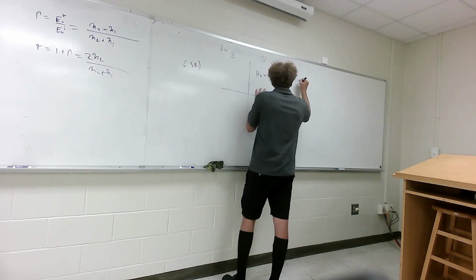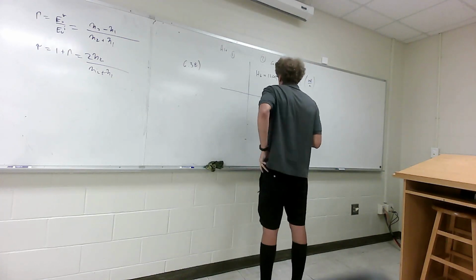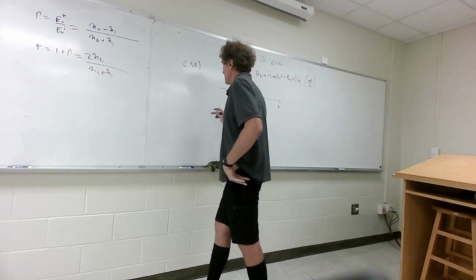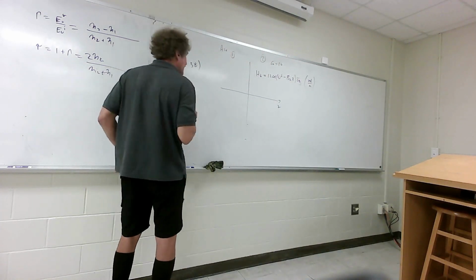This is milliamps per meter. Part A. Determine the instantaneous value of the incident electric field. All right, so he wants E incident.